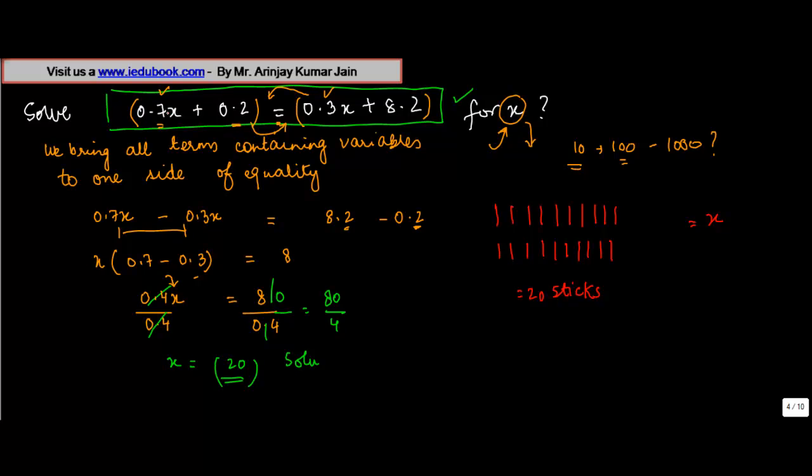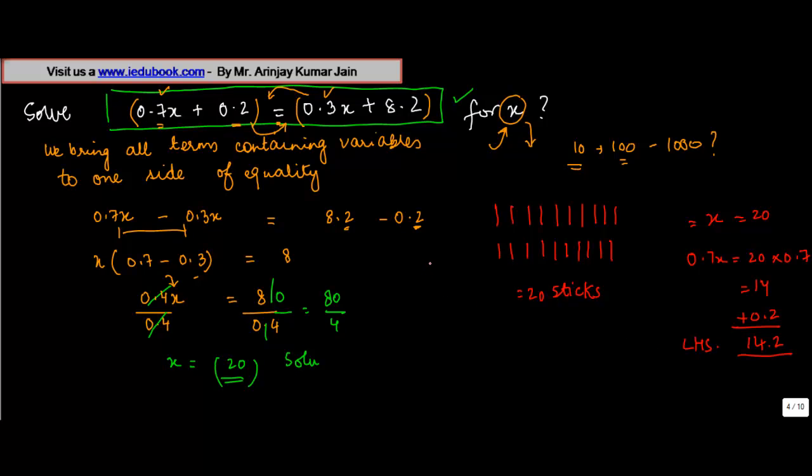So 0.7x will be how much? 0.7x will be 70% of these sticks. Okay, so x is equal to 20, so 0.7x will be equal to 20 into 0.7, which is 14. Okay, and 14 plus 0.2 will give you 14.2, which is the left hand side, right?